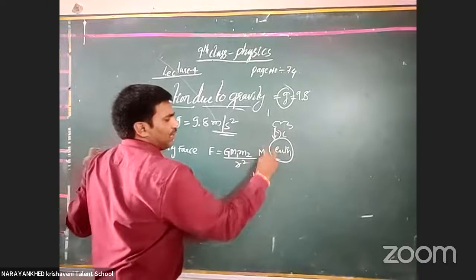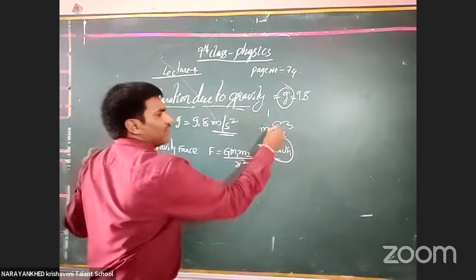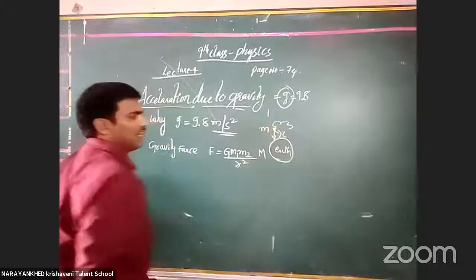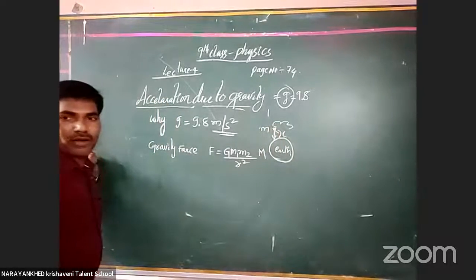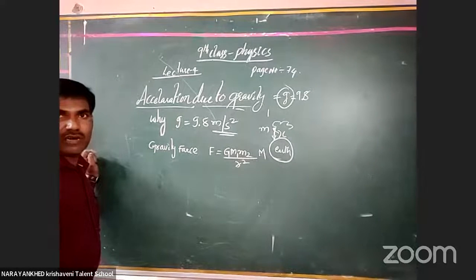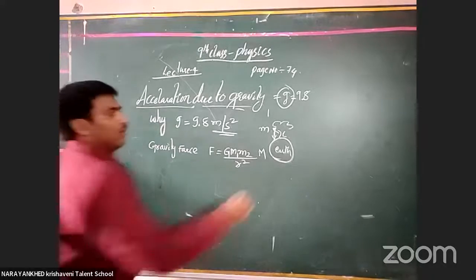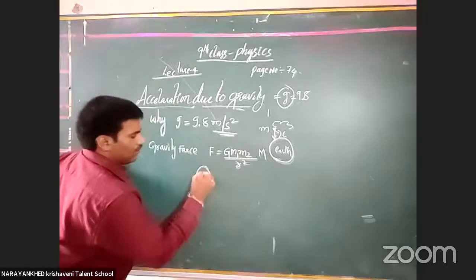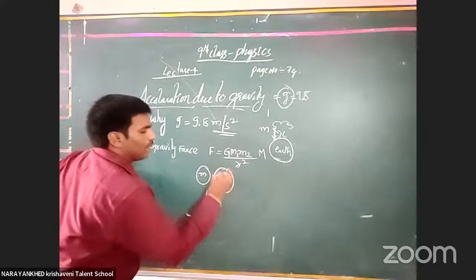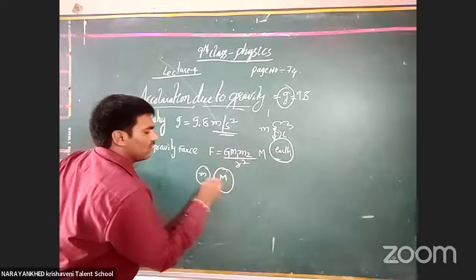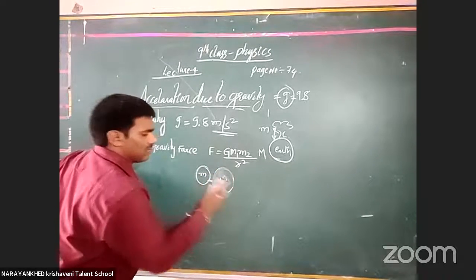I take the earth's mass as capital M and the mango's mass as small m. Understood? Earth mass is capital M, mango mass is small m. The distance between these two things is taken as R.